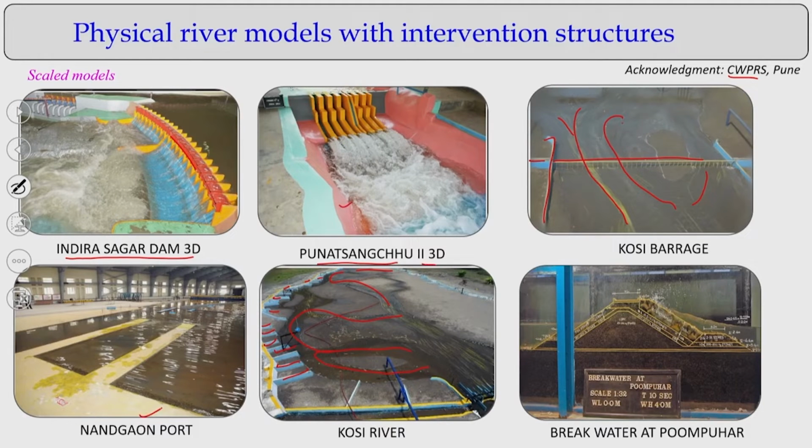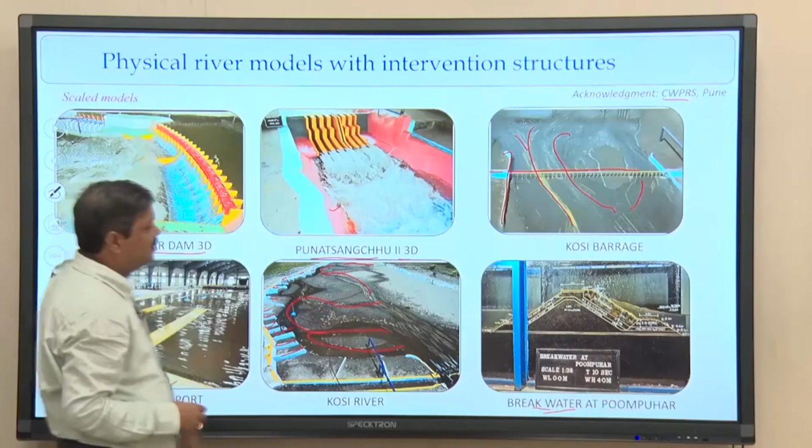This is the port and this is the backwater at the Pumpara embankments. So, always we conduct physical river models to understand how the flow processes happen at the structure. This is a 3 dimensional model.